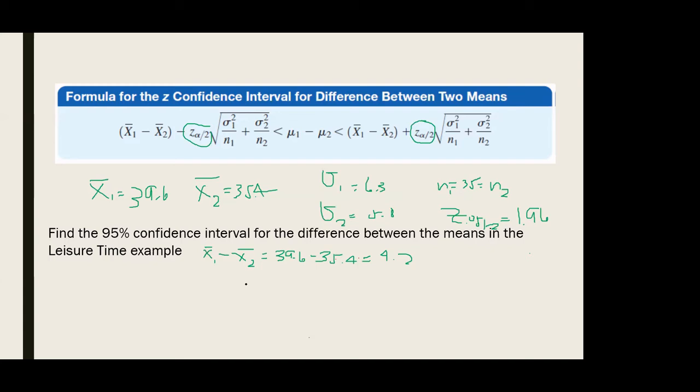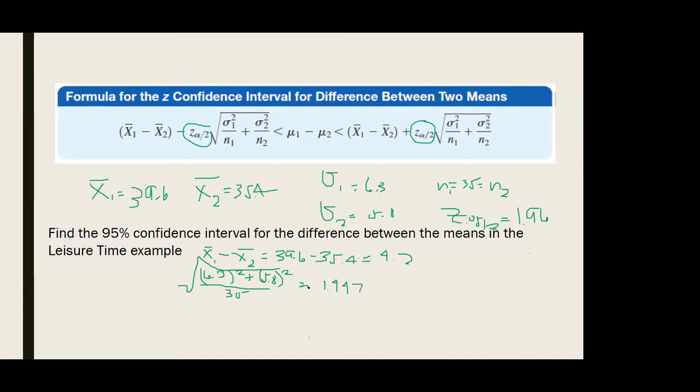The standard error is just 6.3 squared plus 5.8 squared, divided by 35, and then we get the square root. That is 1.447.